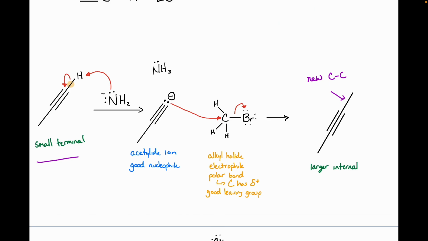All right, we went from a propyne to a butyne. Okay, and again, it has everything to do with this acetylide ion being a good nucleophile. So we call these acetylide nucleophile reactions.